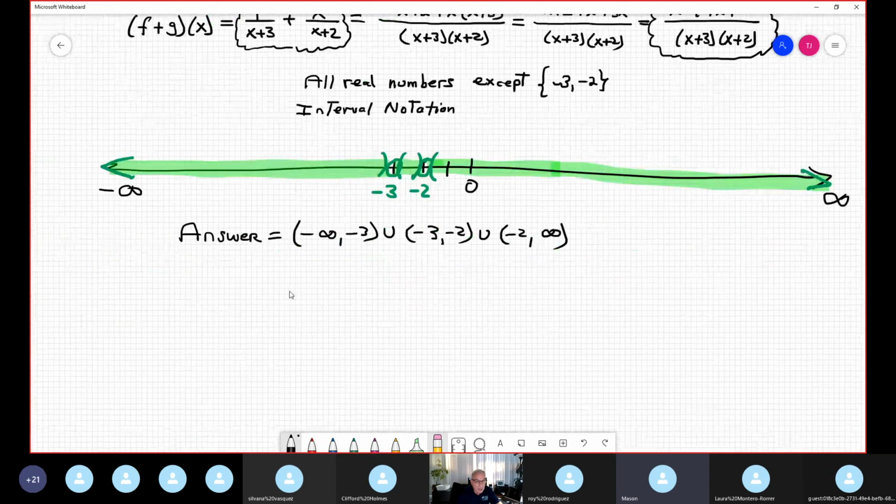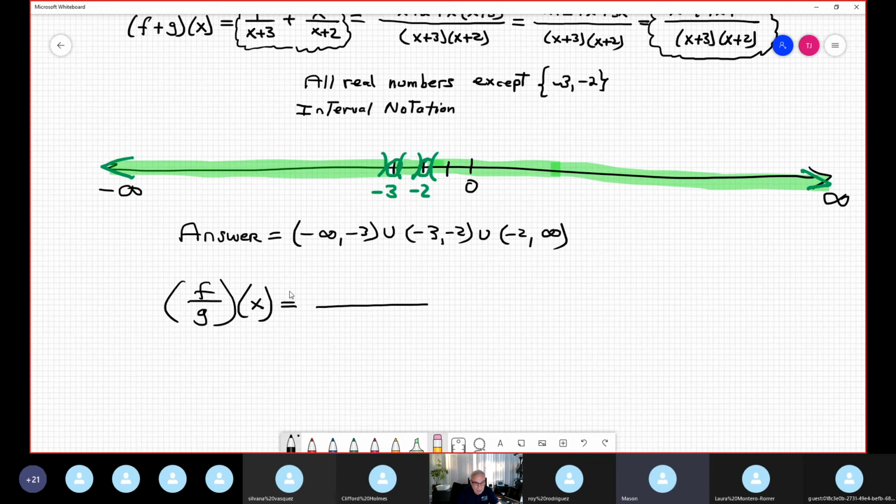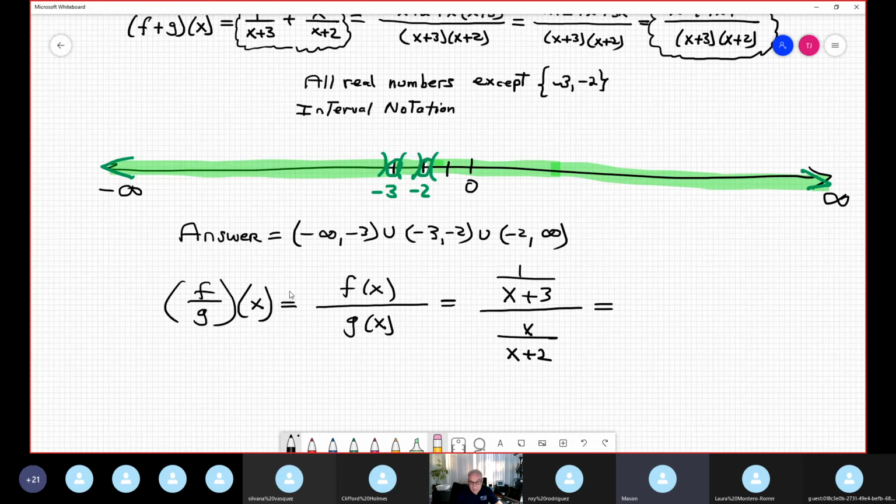Suppose I write f divided by g of x. I put the function f in the numerator and the function g in the denominator. Actually, in our example, it's 1 over x plus 3, over x over x plus 2. And also we have a complex fraction.